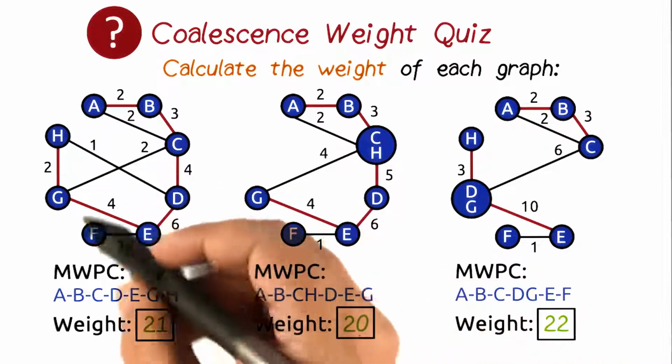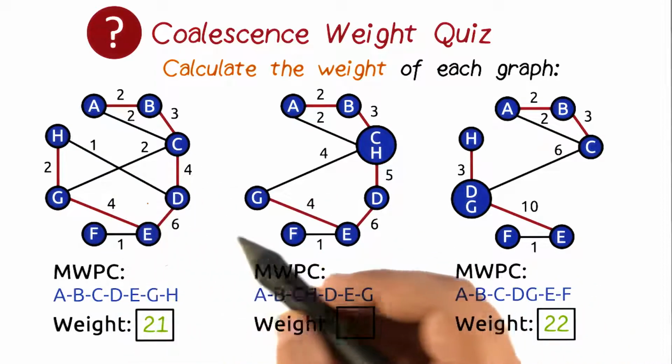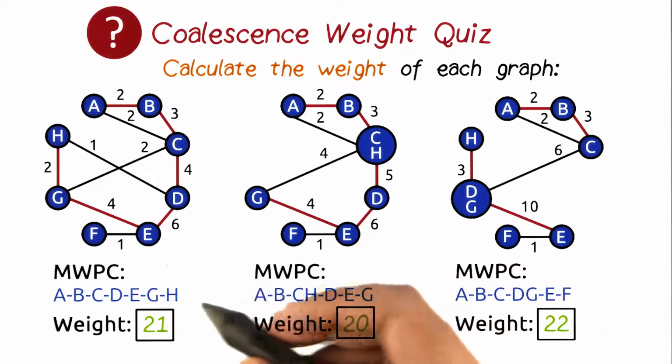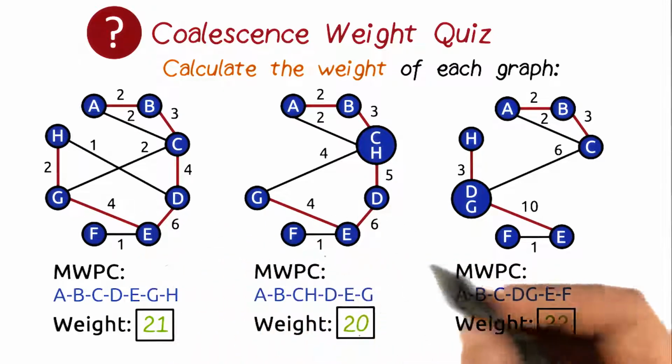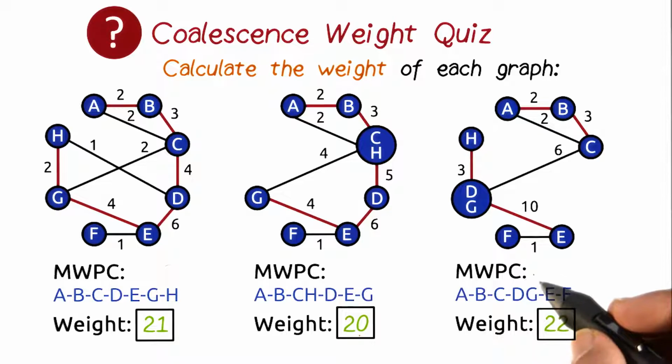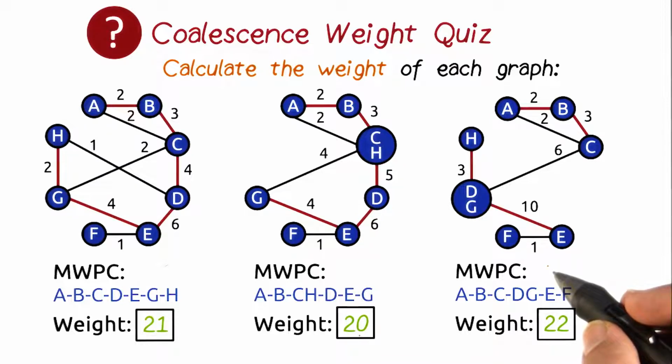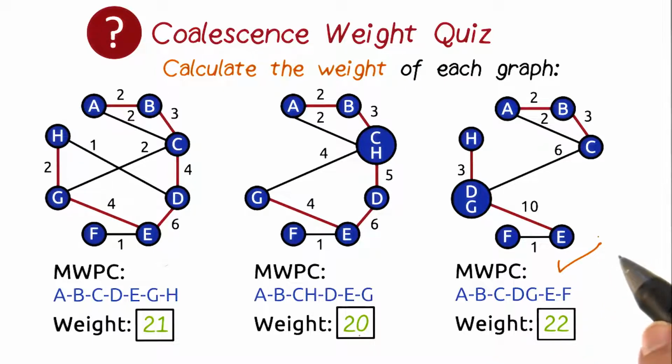Those which are not covered by the path cover are the costs of the edges here. So find out the cost for this, and for this, and you will verify that the cost of left out edges is the least as far as the last coalescence is concerned. So DG allows us to increase the weight of the covered edges and drops the costs of left out edges. And so the last one is the best solution that is found here because it has the least cost amongst these three solutions.